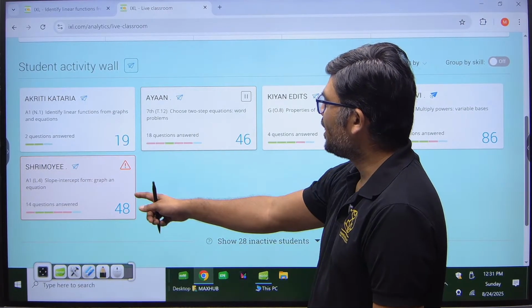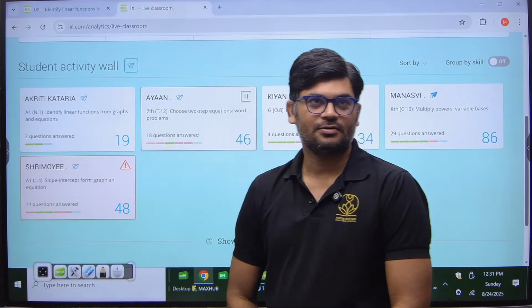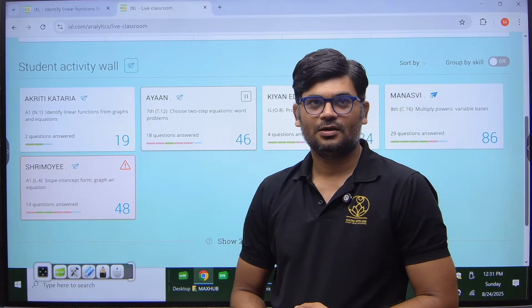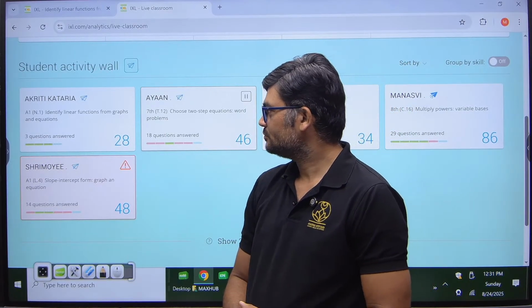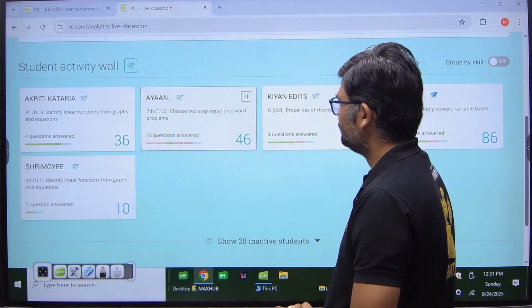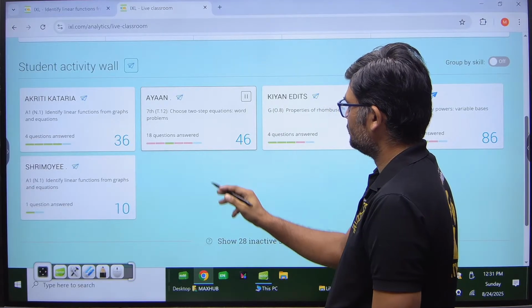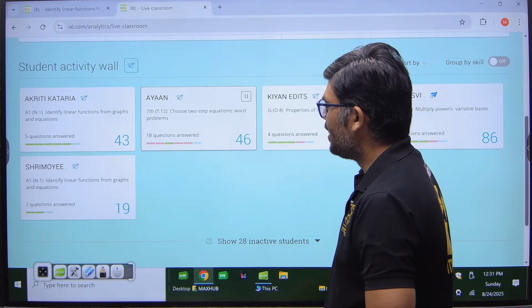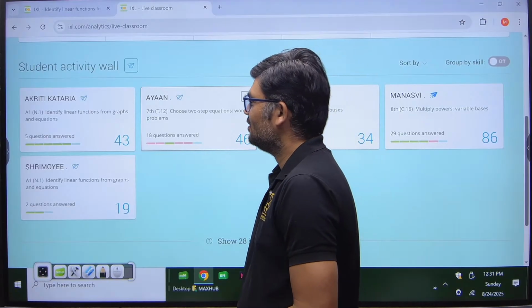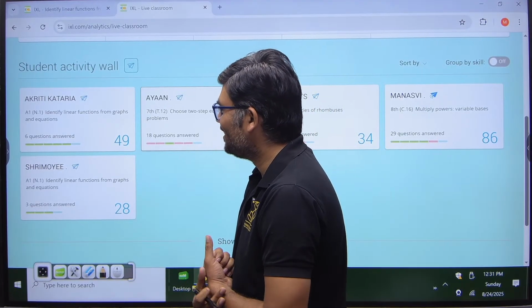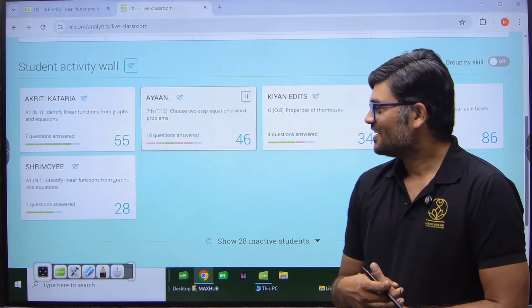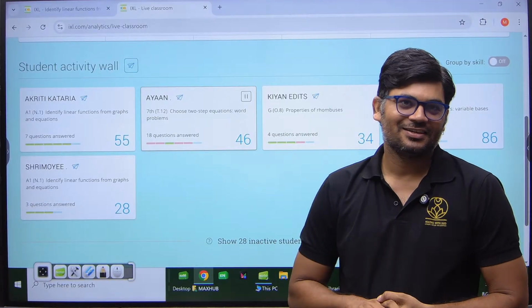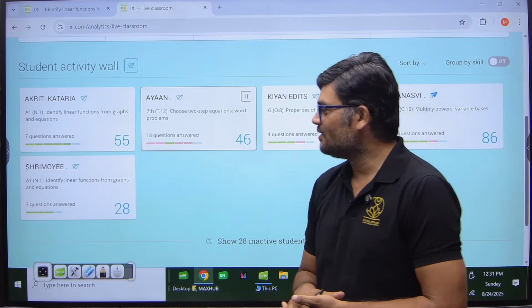Shrimoy, you have to move to N1, beta, in the same sheet. Very good. Both of you doing great. Akriti, move to 50 immediately. Just 6 questions. Complete this, make it 100 then. It's an easy sheet. It will take just 1 minute.